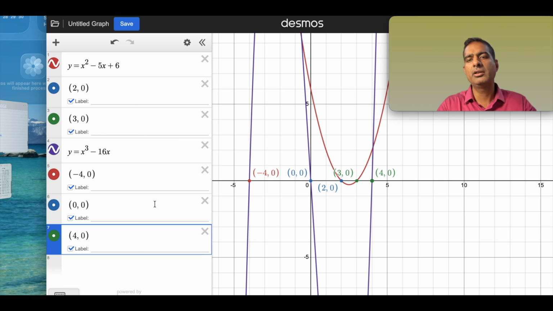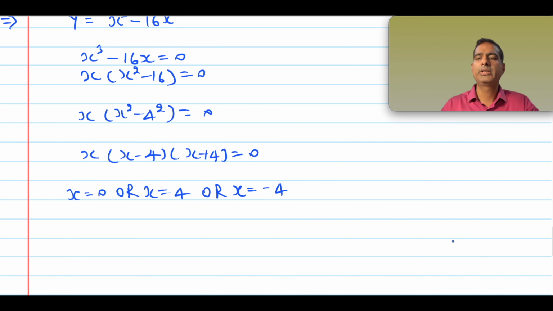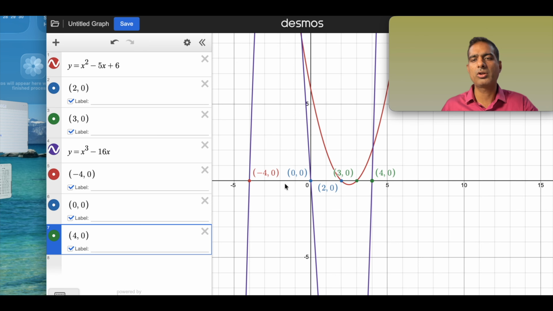So this result is in accordance with the previous results which we got, that the zeros of any polynomial are the points where the curve of that polynomial crosses the x-axis. We got the zeros 0, 4 and -4, and as we saw in the curve, it is also crossing the x-axis at those given points.